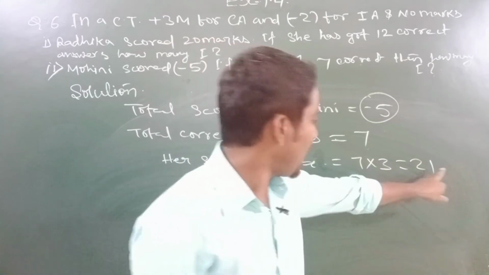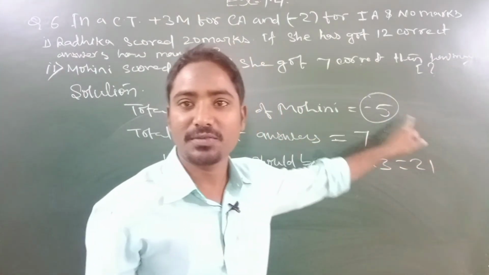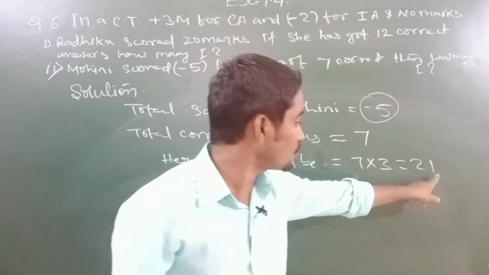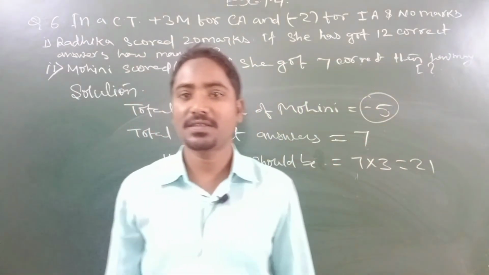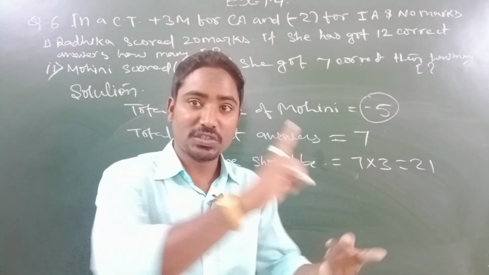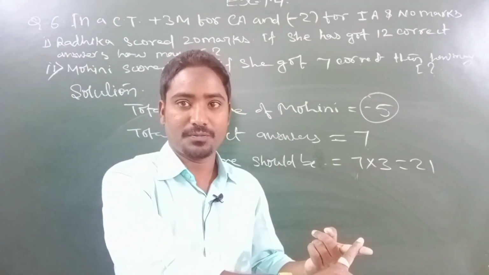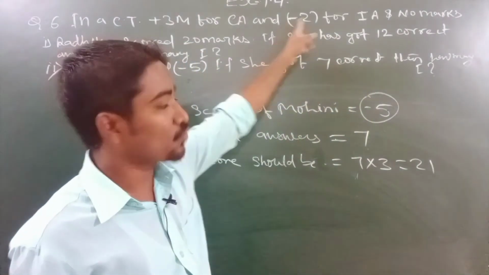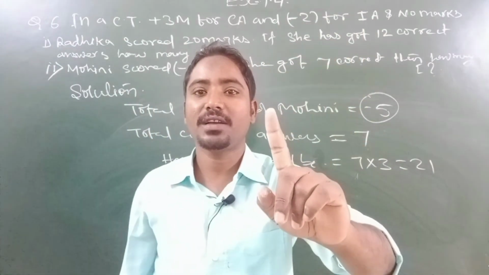We will add them. So how much will we get? 21 plus 5, that is 26. And this 26 is to be divided by 2, since that is the score deducted when anyone gives a wrong answer.